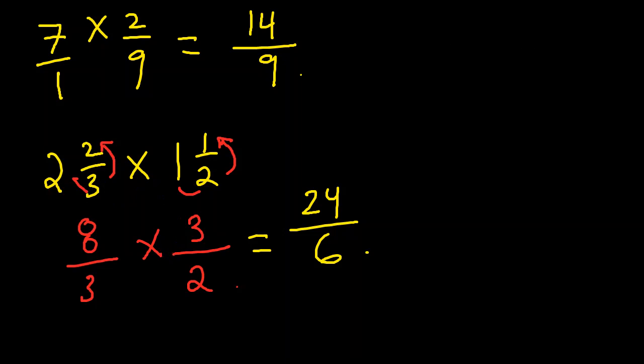So how do we deal with division now? So let's say we had the problem 7 and 3 over 4 divided by 1 and 1 over 2. Okay, so how do we deal with this problem now? It's the same thing. We first have to convert all our mixed numbers into an improper fraction.